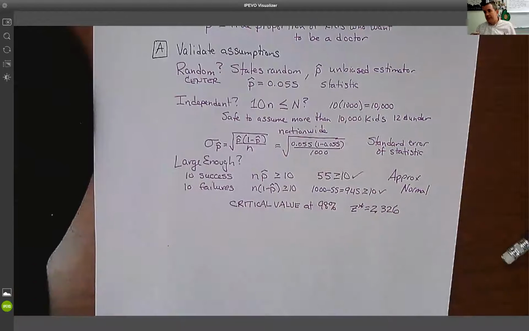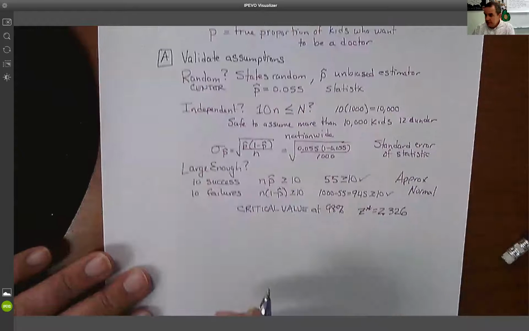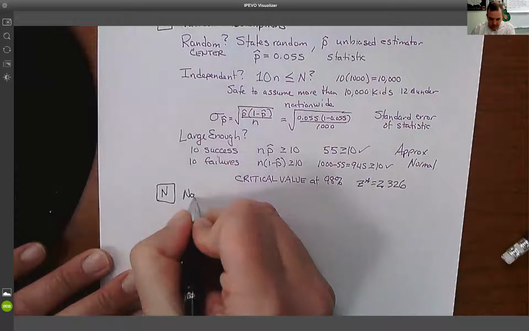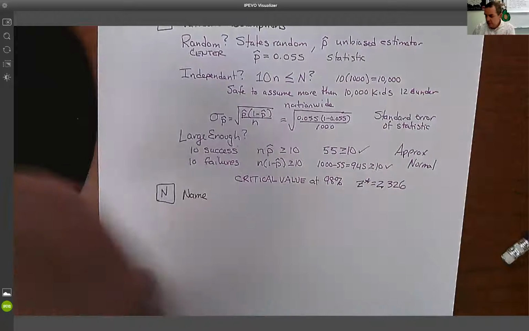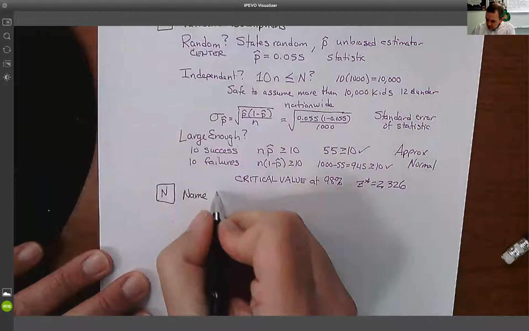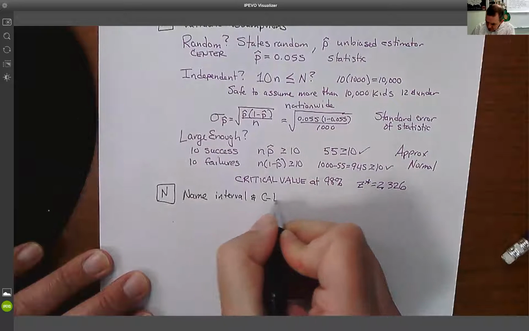So now I have all the components I need to construct my confidence interval. This has got a lot of writing, I'm telling you, it always does. Then, what I'm going to do is name my interval and its confidence level.